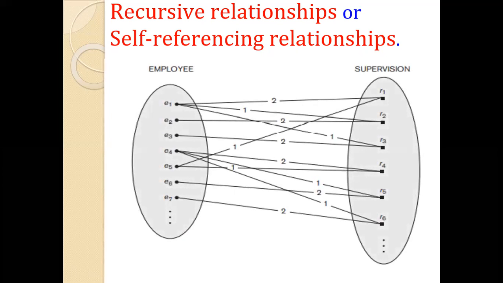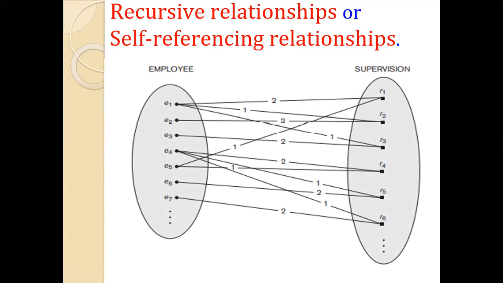For example, here, employee E1 is related to another employee as a supervisor. Employee E1 is the supervisor for other employees in the entity type employee. So here E1 is a supervisor for E5. E2 is supervisor for E1. So here an entity of the employee entity type relates with another entity of the same employee entity type.